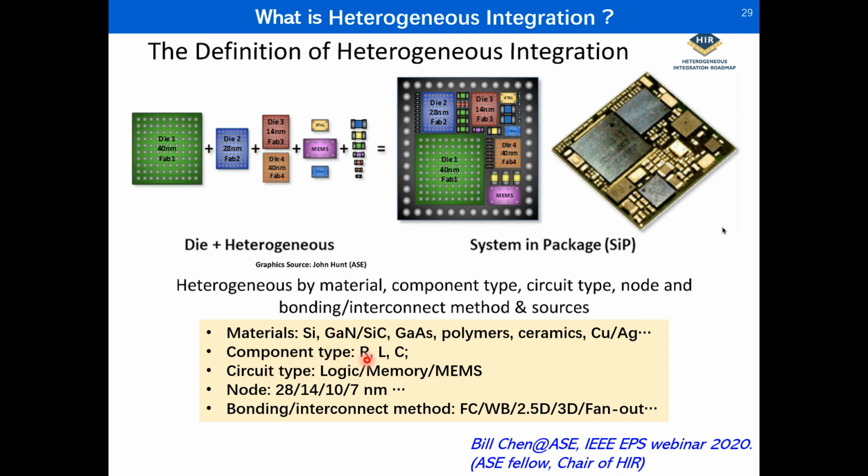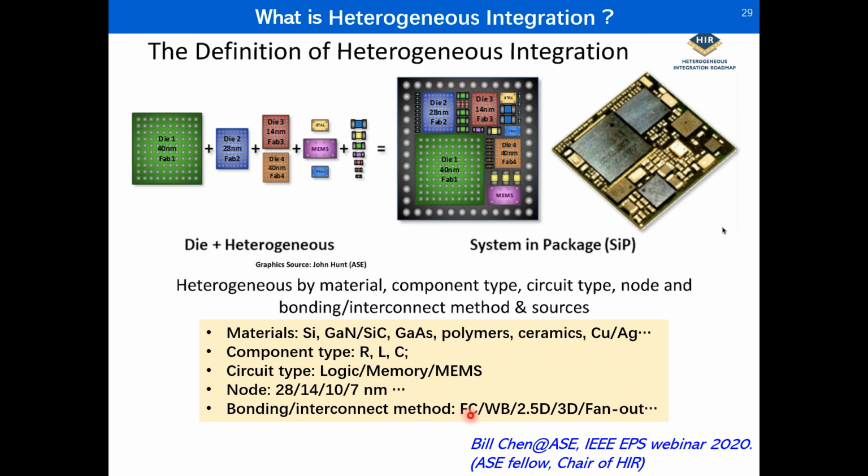You will have resistors, inductors, capacitors. It will be heterogeneous by circuit types: logic, memory, or MEMS. Heterogeneous by technology node, you may have 28 nano, 14 nano, 10 nano, 7 nano, whatever. And it can be heterogeneous by bonding or interconnect method: flip chip, wire bonding, 2.5D, 3D, fan-out, and so on.